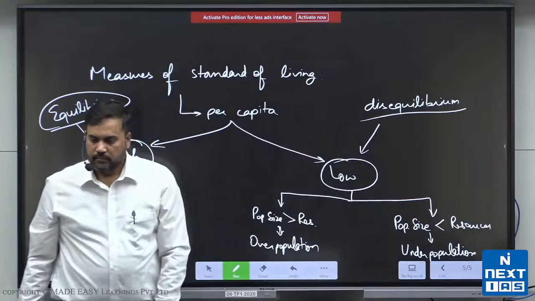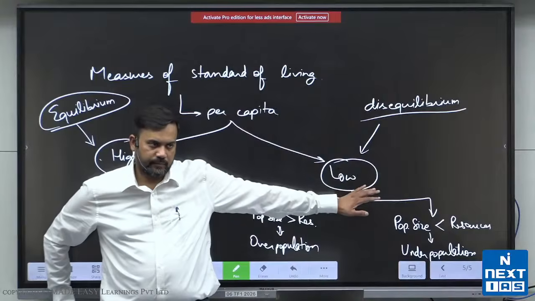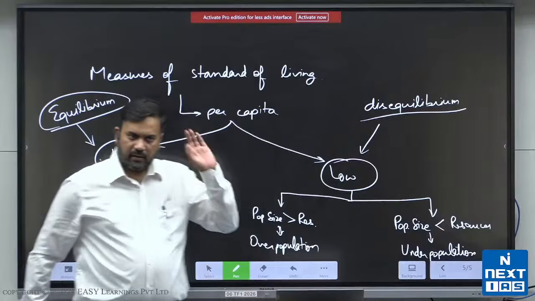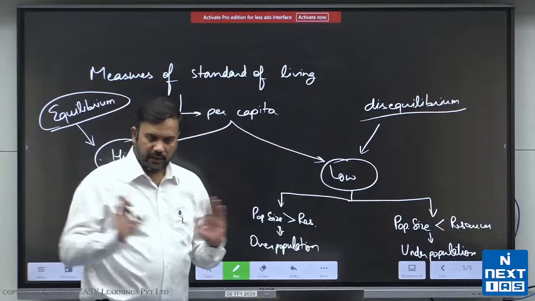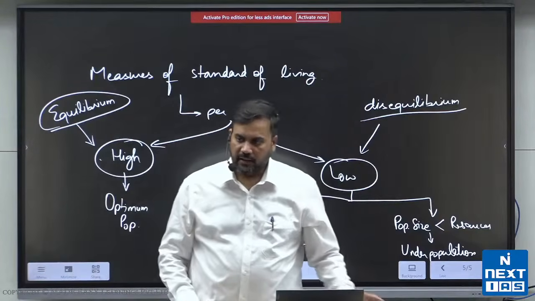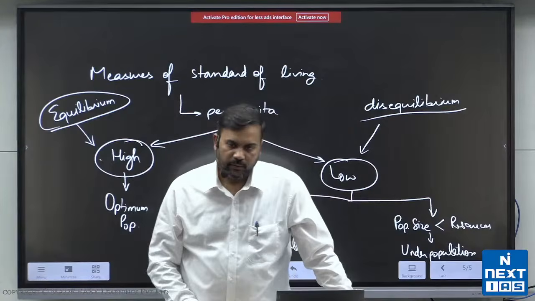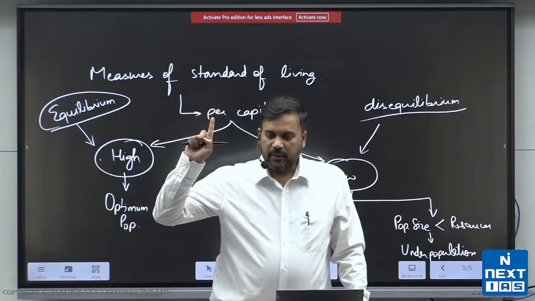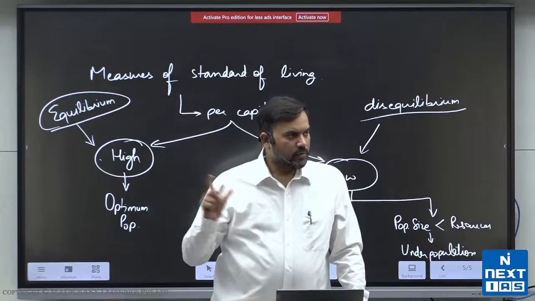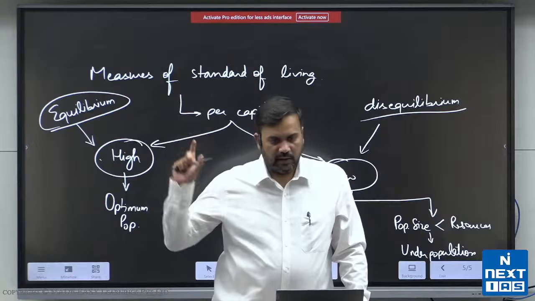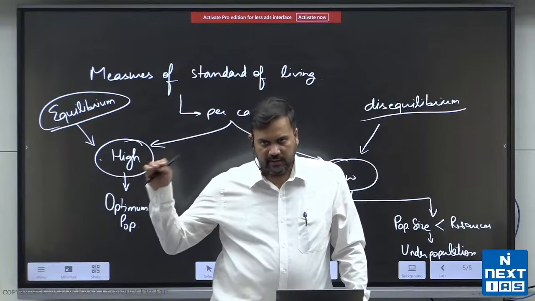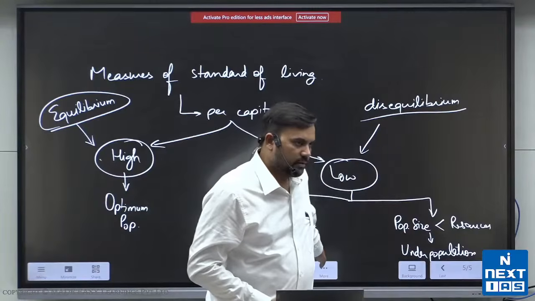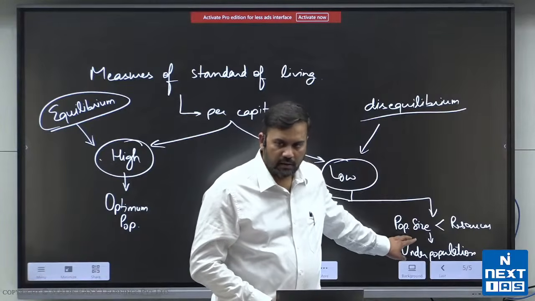Underpopulation. ठीक है? Try to understand this point. If I ask you to classify the regions of India into over, under and optimum population, the first criterion I will be using is what? The per capita income. Those who have high per capita income can be called optimum, there is better equilibrium there. Those who do not will be either overpopulated or underpopulated.